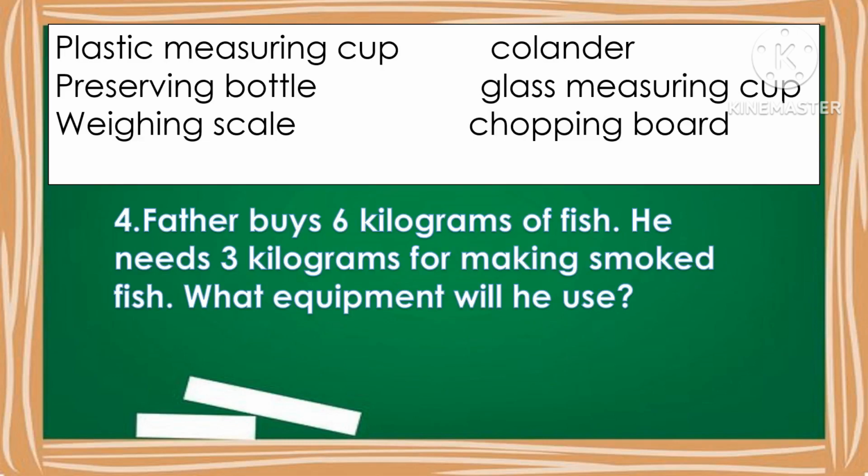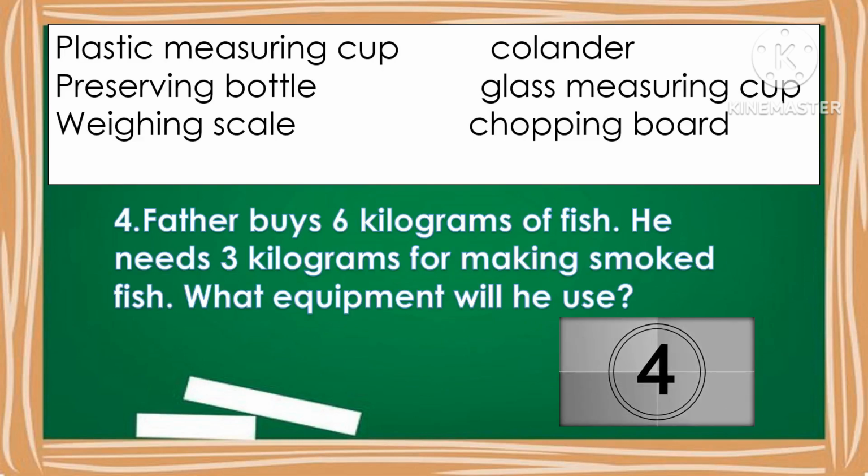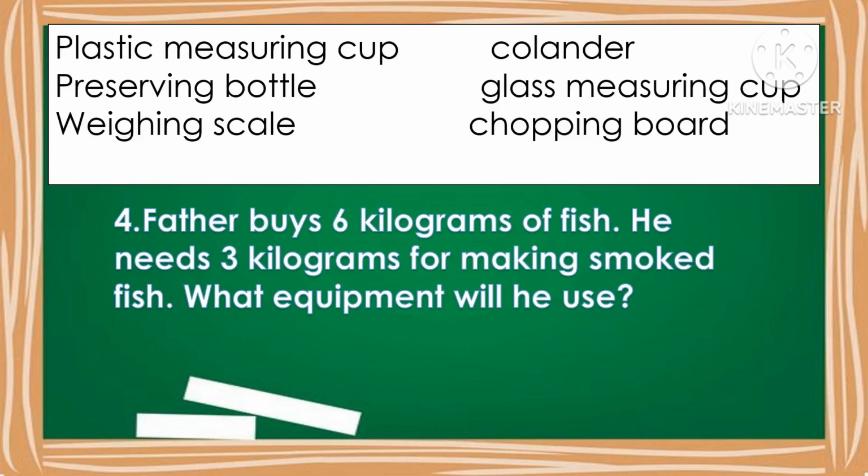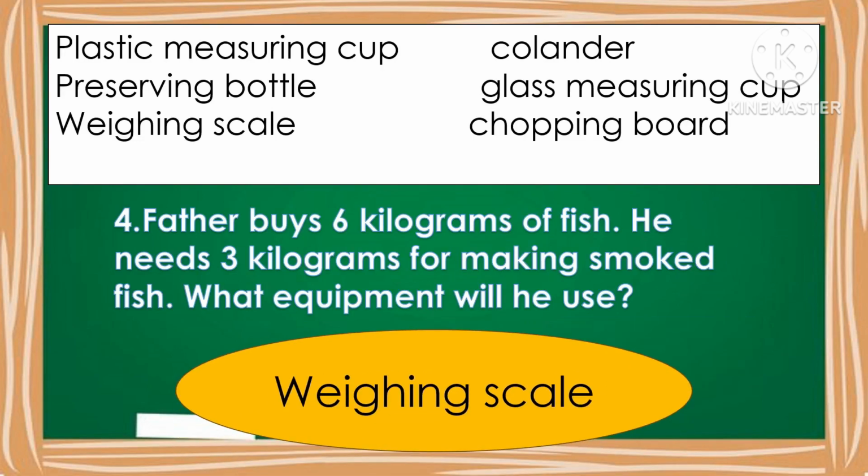Number 4. Father buys 6 kilograms of fish. He needs 3 kilograms for making smoked fish. What equipment will he use? The correct answer is weighing scale.